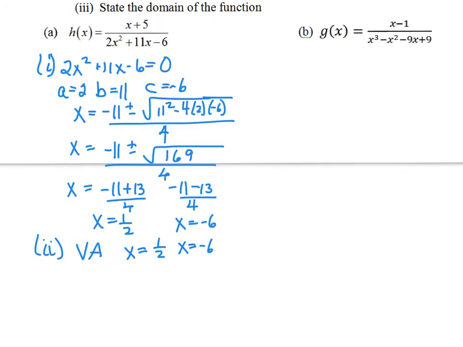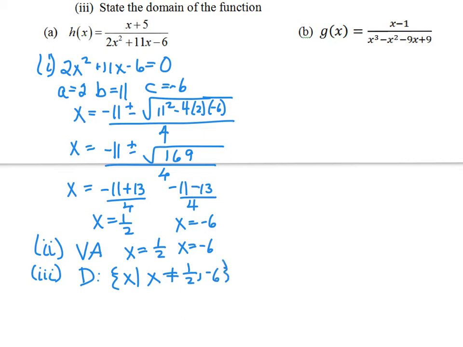So finishing off now with the domain of the function, I'm going to say that my domain is going to be the set of all x values such that x does not equal 1/2 or negative 6.